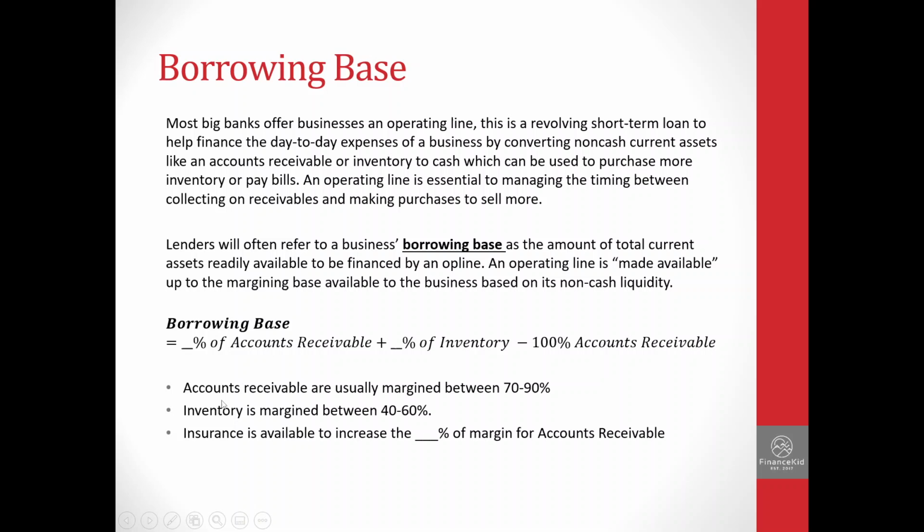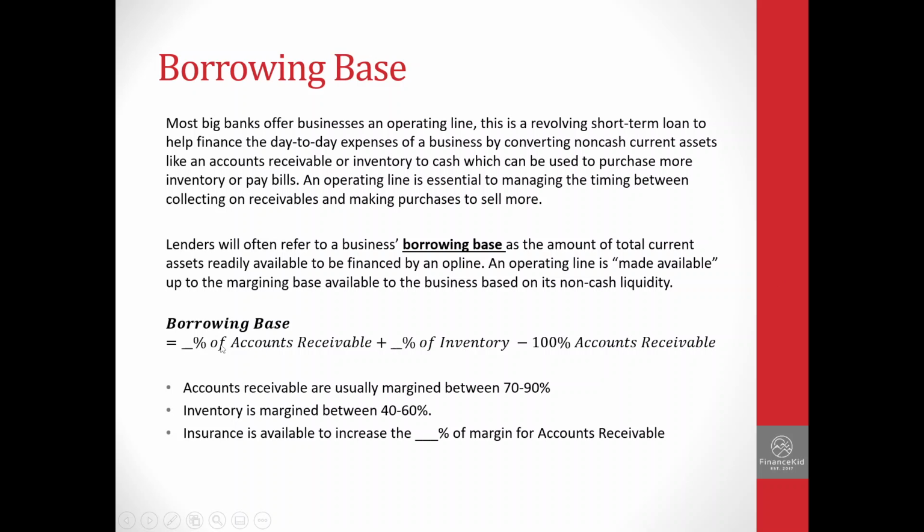So typically lenders will advance between 70 to 90% against accounts receivable, between 40 to 60% against inventory, and they'll take 100%, just to be conservative, of accounts payable, and then sum them all up, and that is really what the borrowing base is. Now, insurance against accounts receivable or inventory will increase the loan amount.